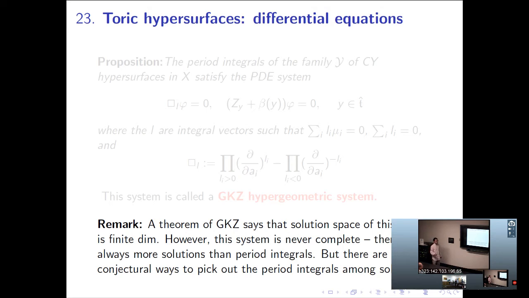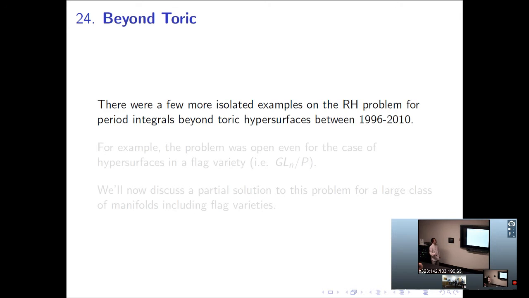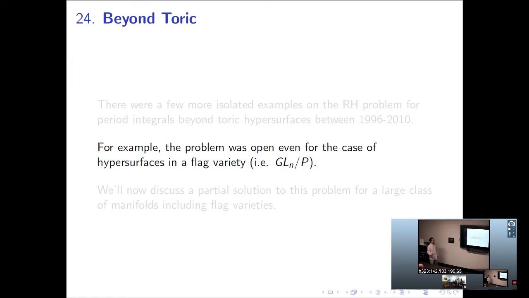It turns out that both conjectural ways are closely related to the thing that I'm going to talk about. And now these conjectural methods are better understood. So beyond toric, not much is known for this problem, except for some isolated examples. And so the problem was open, for example, for the case of hypersurface in a flag variety.